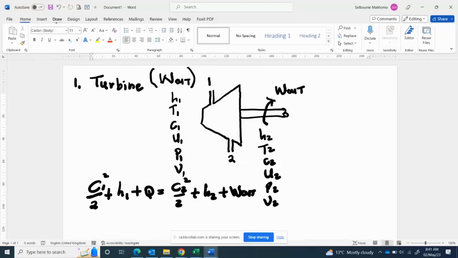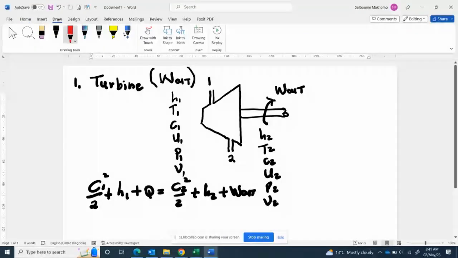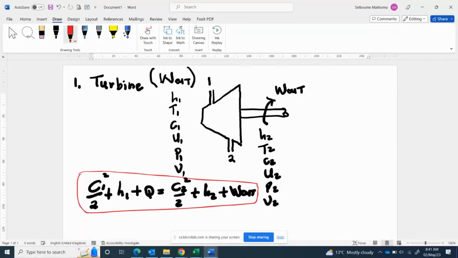So this formula is the SFEE for a turbine. Very, very important if you can write it down.